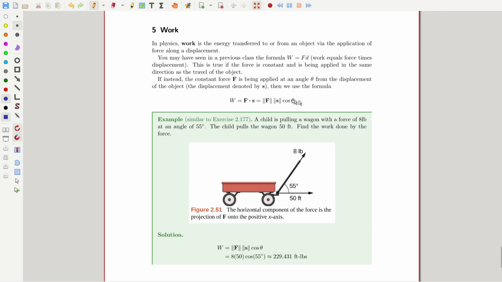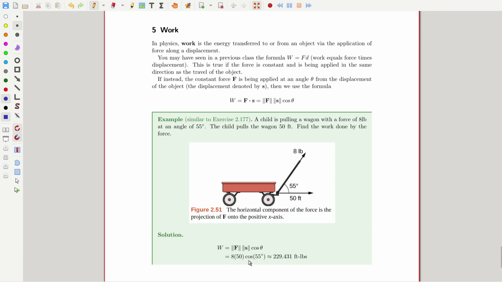So we then just use this formula in the following example. In this example, the wagon is being pulled with a force of 8 pounds at an angle of 55 degrees. And the wagon is displaced by 50 feet. To find the work that is done by this force, you would just apply this formula. So magnitude of the force vector times the magnitude of the displacement vector times the cosine of the angle between the two.